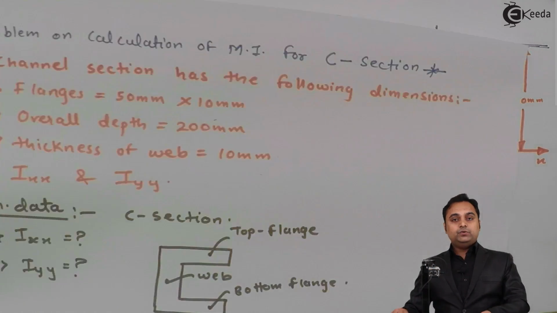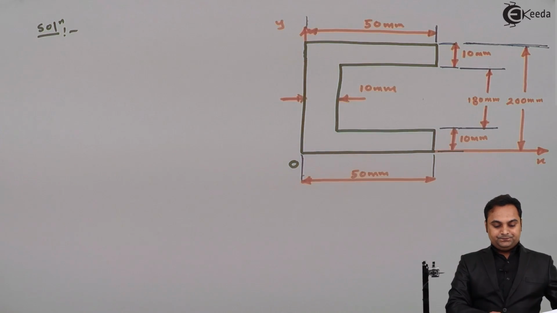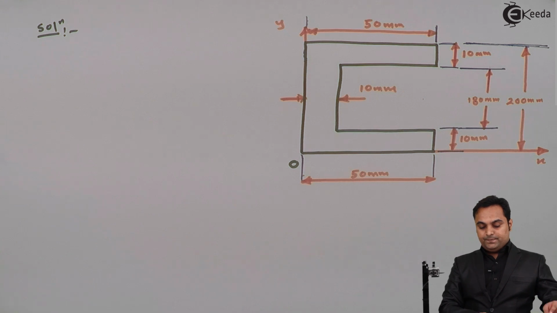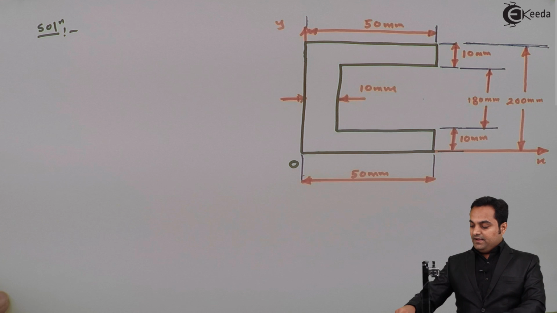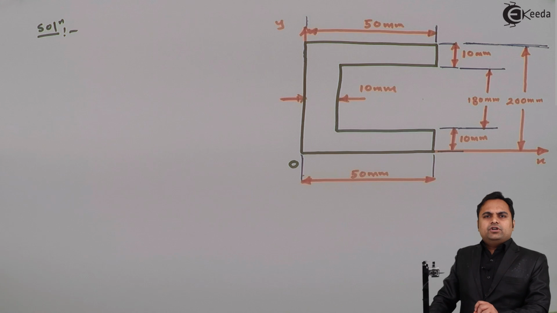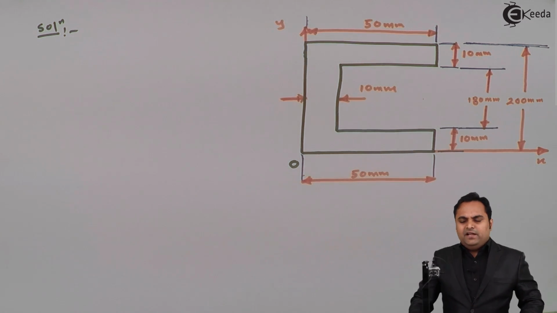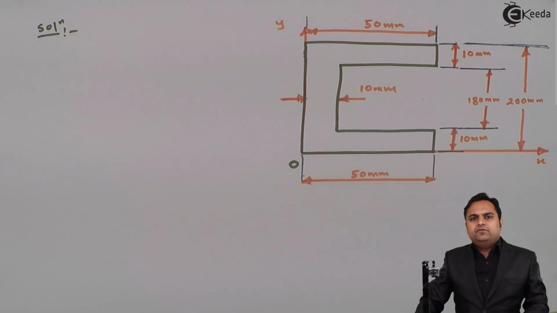And the question is to calculate moment of inertia about x-axis and y-axis. So before we start this problem, the diagram we have drawn. Now we need to know where the location of the centroid is, because until and unless we have the centroid, we cannot find the moment of inertia.